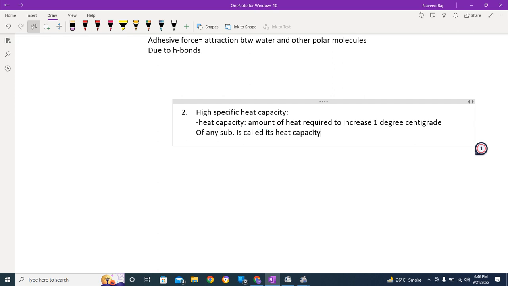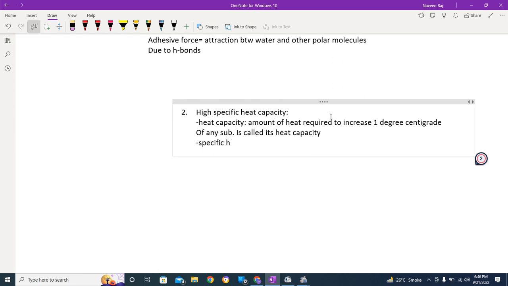So the amount of energy required to increase the temperature of any substance by 1 degree centigrade is termed heat capacity. Let me tell you the specific heat capacity, and look at the difference between the two.